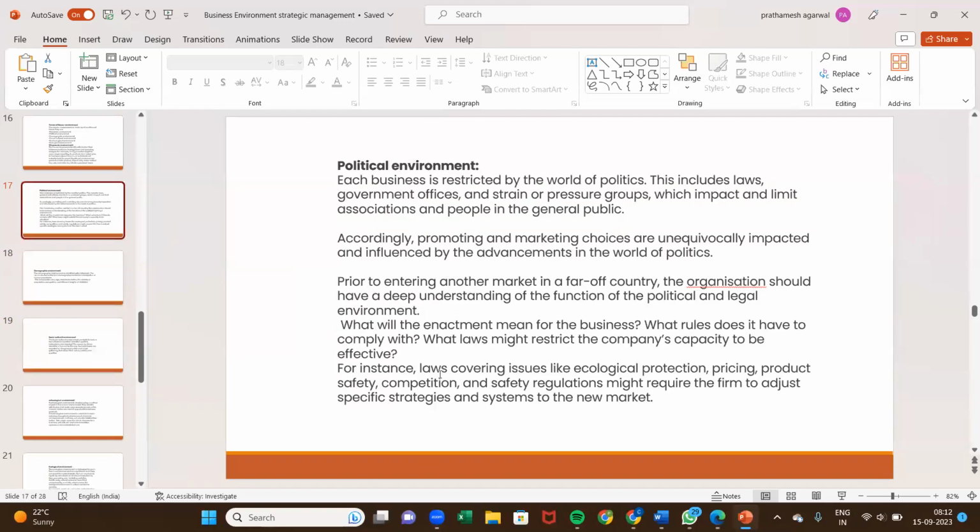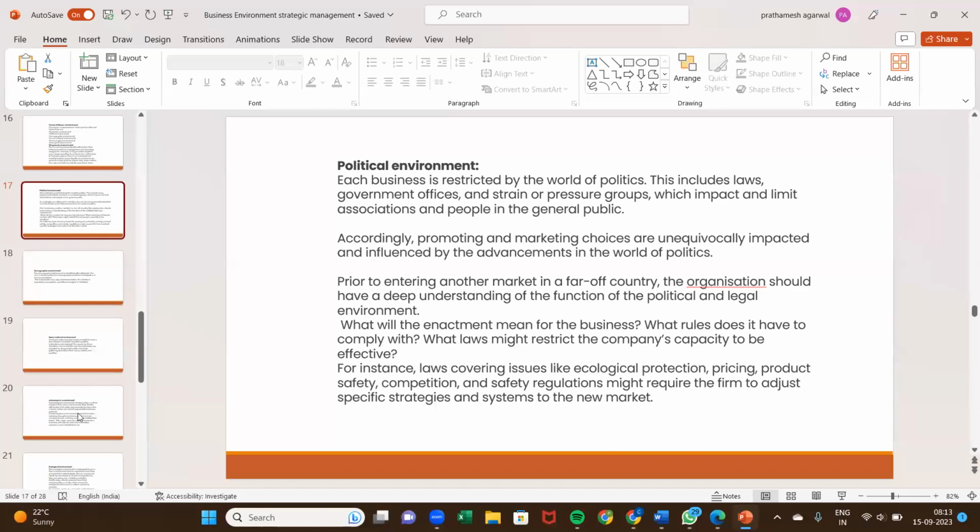Then the political environment, which has an impact because, as we said, the external environment is dynamic. Each business is restricted by the world of politics. This includes laws, government offices, and pressure groups, which impact and limit organizations and people in general.